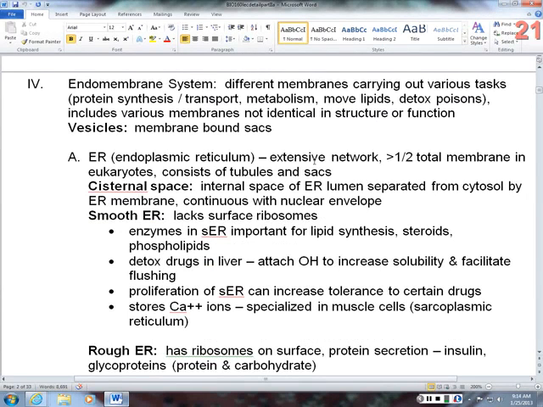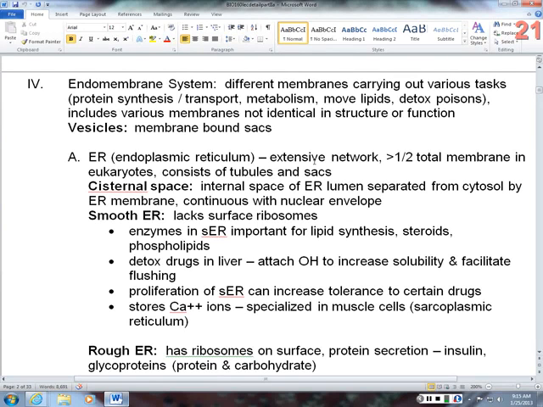Your smooth ER is going to lack surface ribosomes. The enzymes in the smooth ER are important for lipid synthesis. Ribosomes you always want to associate with protein. The rough ER has more to do with proteins, whereas the smooth ER deals more with fats, because there aren't ribosomes on there for proteins.